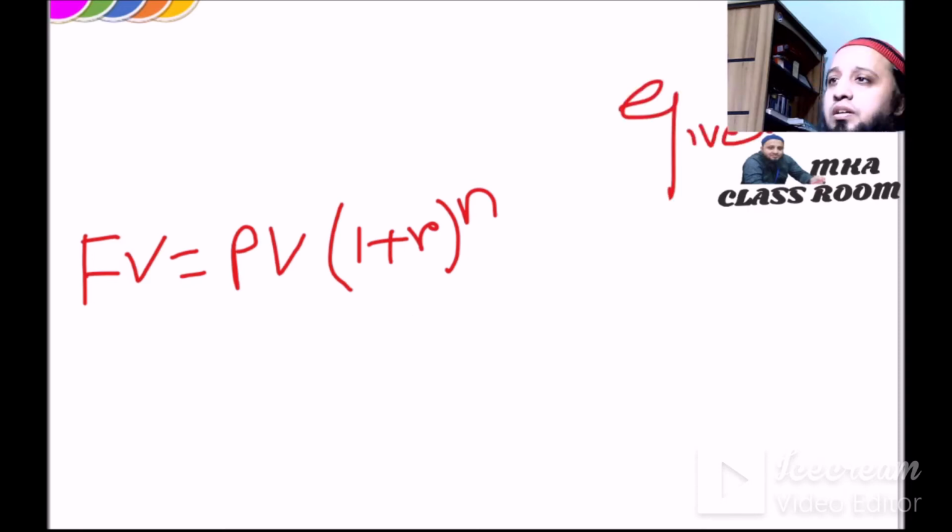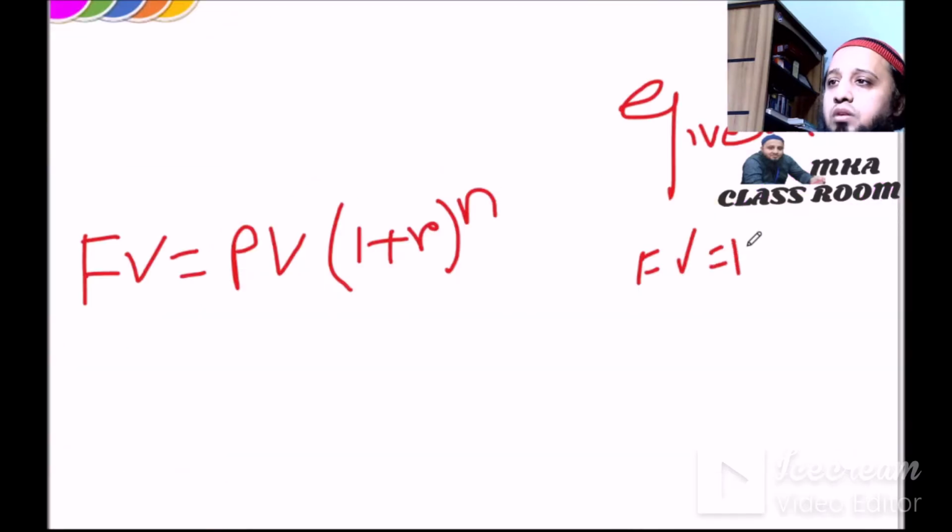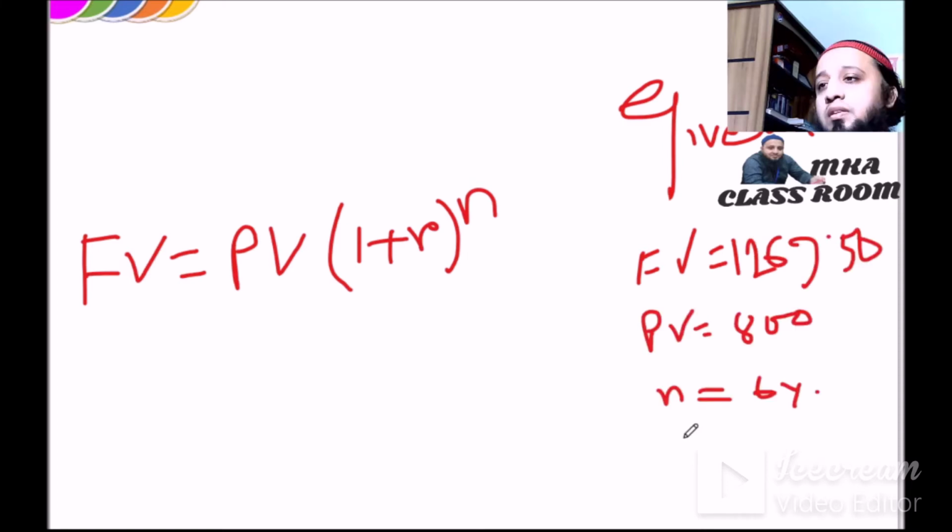Future value is 1269.50, present value equals 800, n equals 6 years, and we have to find out the value of r. So if we put these values into our formula, we can easily solve this problem.